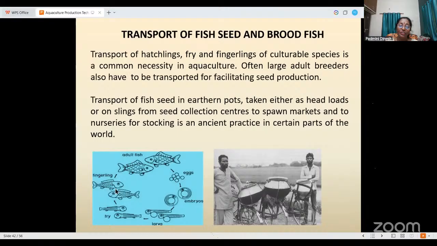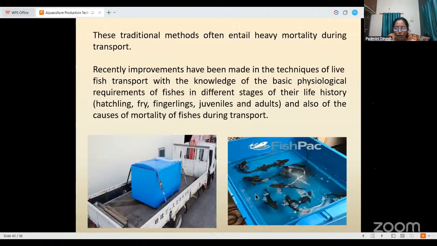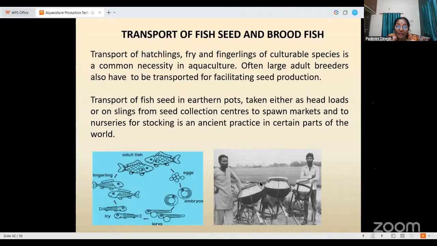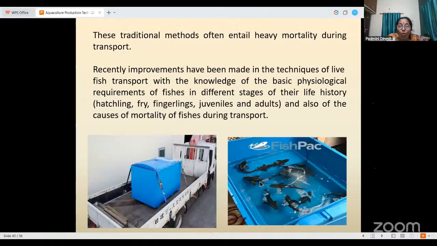So how does transportation occur? Earlier, they used to transport in earthen pots, although these are aluminum pots that you can see here. They used to send them like this, but mortality was high. In the traditional way mortality was more, but later on different types of transportation have come up.